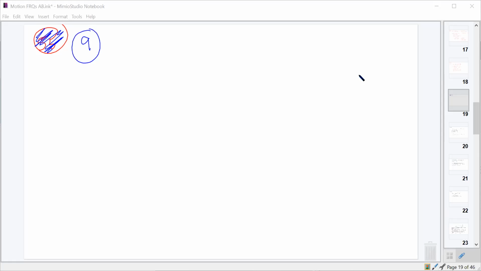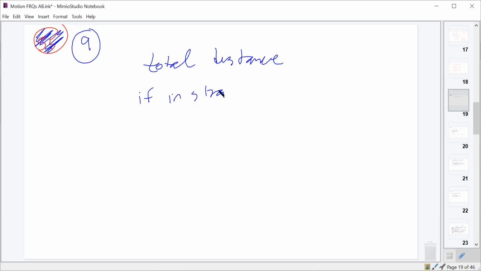An odometer just measures the total distance that you've traveled, right? And since we're traveling in a straight line, if we're just going in one direction, then that's going to be the same as our displacement. But it doesn't say that it's traveling in a straight line in one direction.